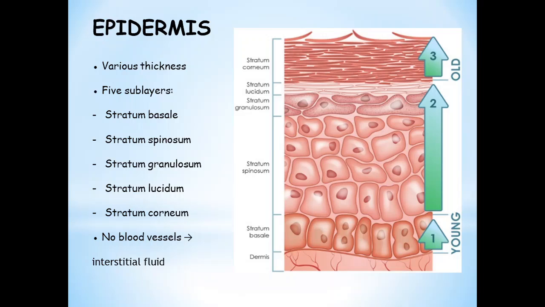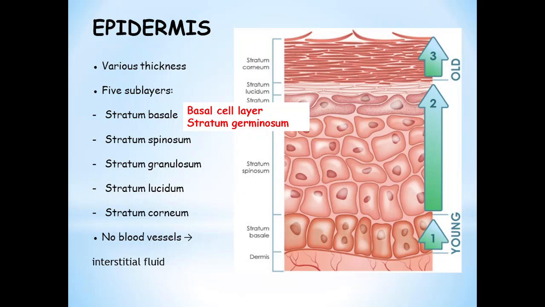The stratum basale, or we can call it the basal cell layer, or stratum germinativum, due to the fact that it is constantly germinating, which means producing new cells. It is the innermost layer of the epidermis and contains small round cells called basal cells. The basal cells continually divide, and new cells constantly push older ones up toward the surface of the skin, where they are eventually shed.